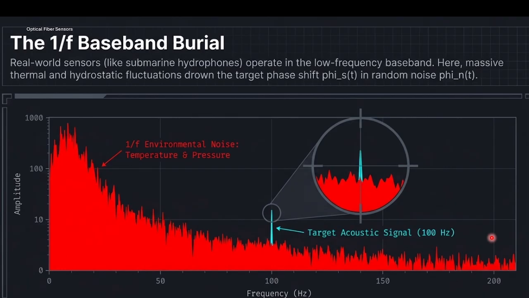Your phase shift is phi s(t), and random noise is phi n(t) with respect to time. We can see here that 1/f environmental noise is equal to temperature and pressure. Because of that, the target acoustic signal, here at 100 hertz, is buried inside.